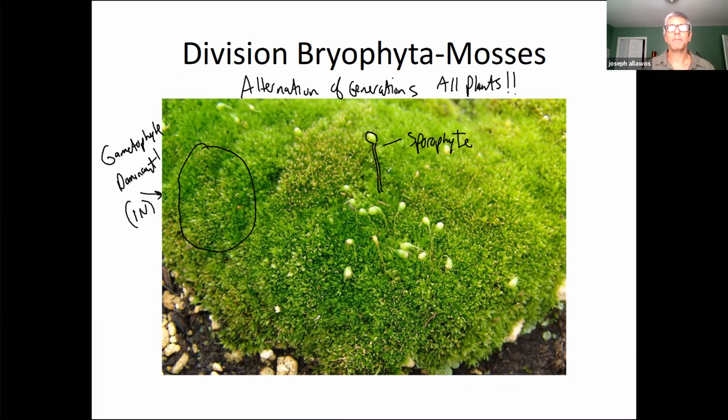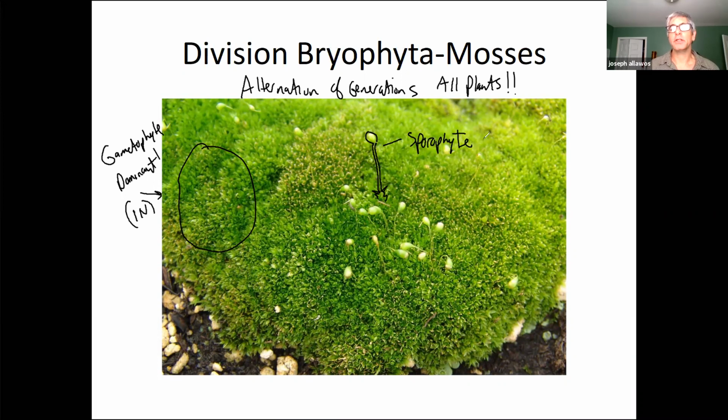They're allied together. And the weird thing about them is that you have this green leafy gametophyte that grows vegetatively, and then eventually sexual reproduction occurs, and you get a sporophyte growing up out of a gametophyte. So down here is a little baby gametophyte, and up here is the sporophyte, and they're permanently attached.